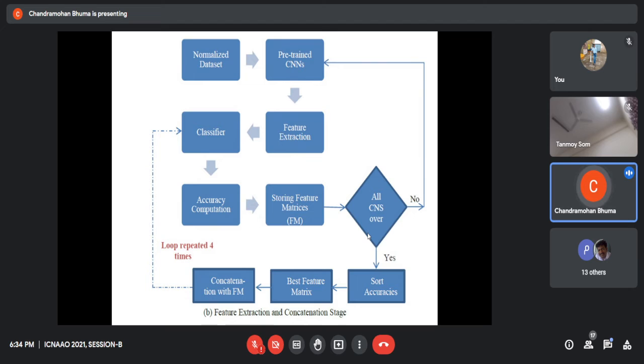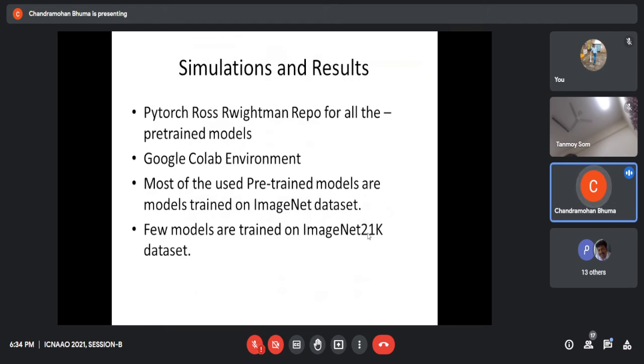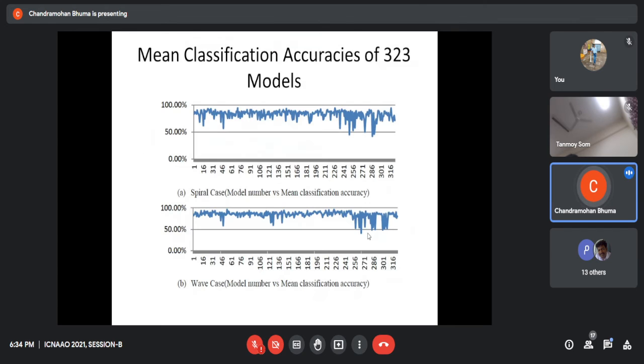It need not be the best one amongst all the 300, but after concatenation, whether it is the best one or not. So that's why I put the heading as sequential model selection. This process continues, and at the end, the feature size is naturally going to be much higher. But computationally, nowadays the power available in a cloud environment is not going to be a big issue unless it is deployed on a mobile architecture.